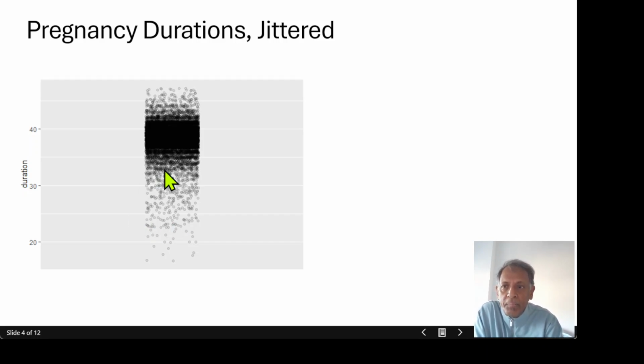So very clearly, the pregnancies are distributed around, let's say, 39 or 37 months. They're far more concentrated in this region from about, let's say, 33 to about, let's say, 42. The bulk of the pregnancies occur in that duration.